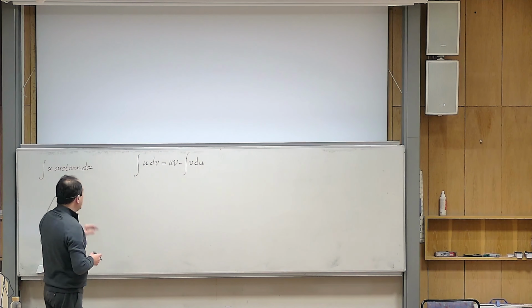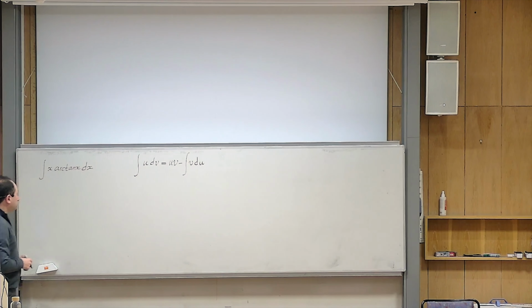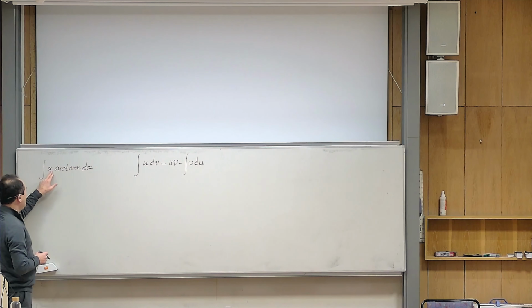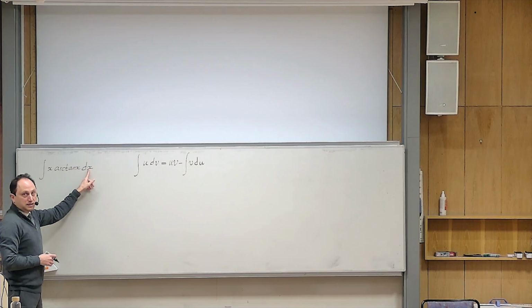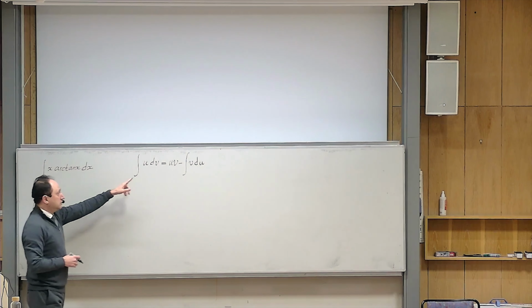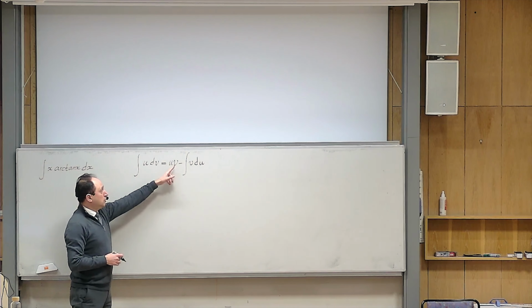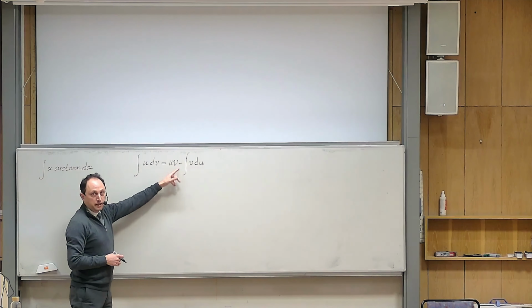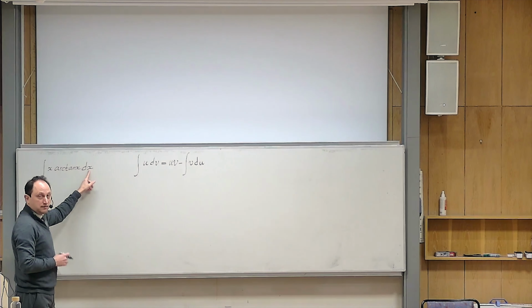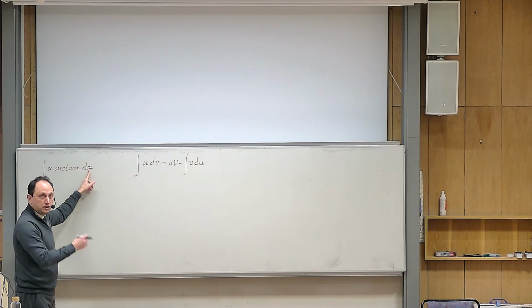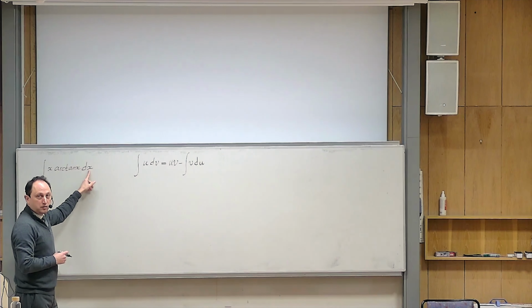So here, for example, we have some choices. I can take x to be my u, and then the rest of it should be taken to be dv. But if you look at the right-hand side of the formula, you also need to know v. If I take this part to be dv, I have to do some work to find v itself.